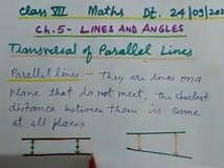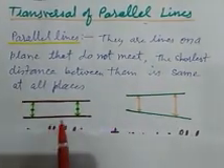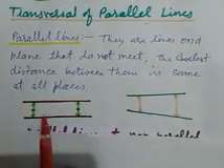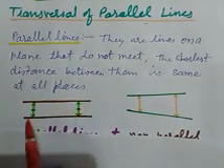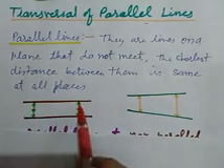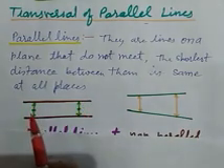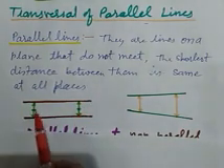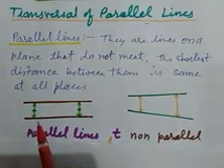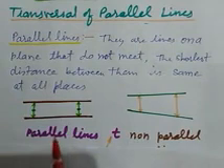Now look, these are pictures of parallel lines. Here these two are parallel lines. The shortest distance is always measured perpendicularly. So at both points where we measure the distance, it is equal. This is the proof that these two lines are parallel.